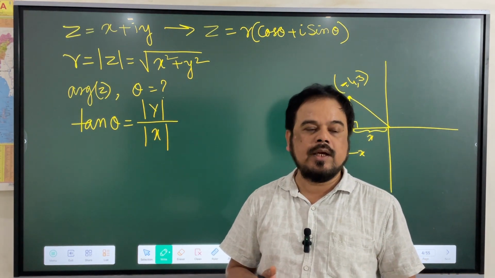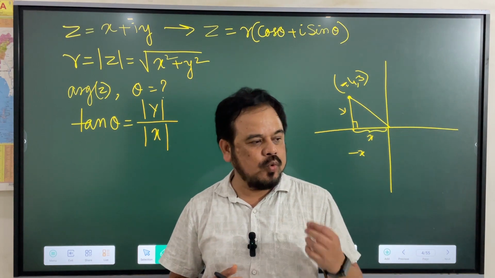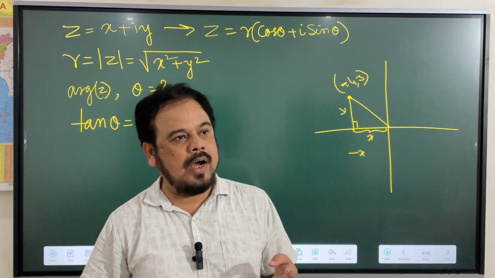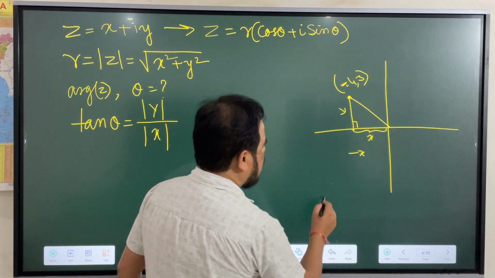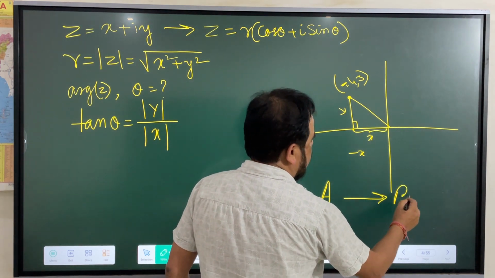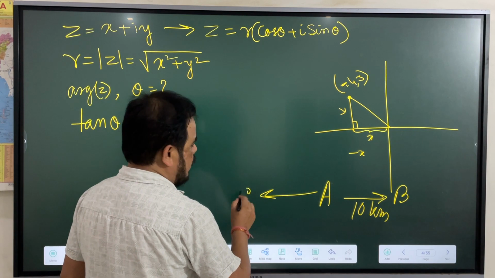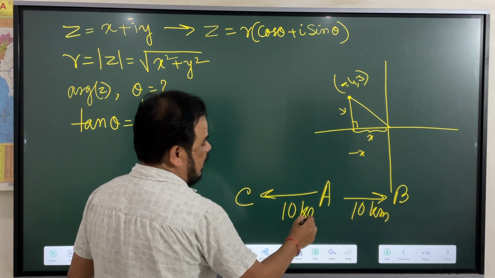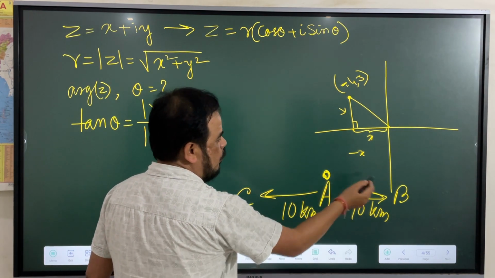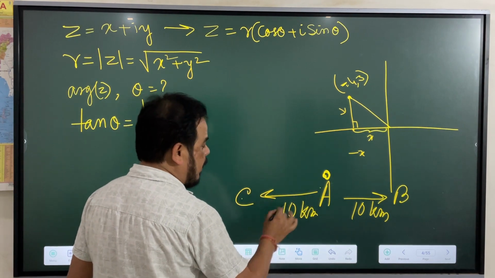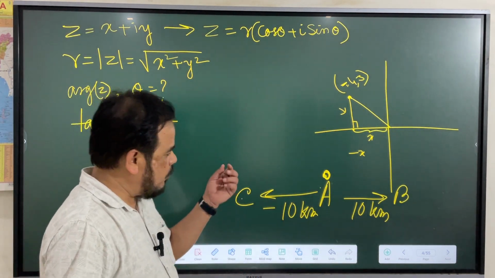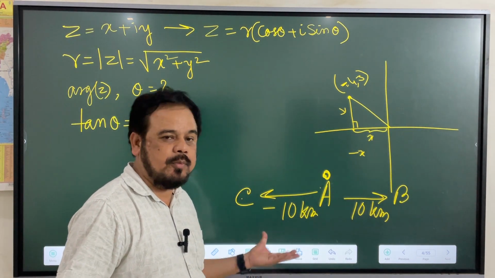We don't say that from A to B, from A to B, distance is 10 km. A to C also 10 km. A is the middle point. From A to B 10 km, A to C. We don't say minus 10 km. Even if we say minus 10 km, it is 10 km only.